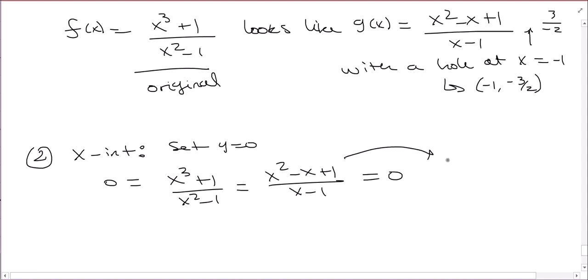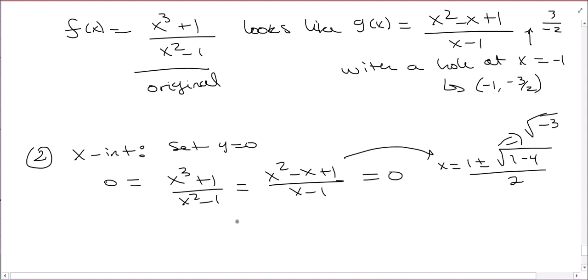And if you try to use the quadratic formula, you're going to have x equals minus b, so 1, plus or minus the square root of b squared, which is -1 squared, so 1, minus 4ac, so 1 minus 4. So you're going to get a negative number here. This equals the square root of -3, which is not a real number.